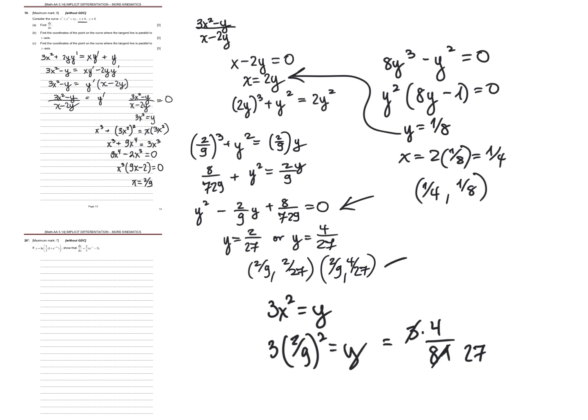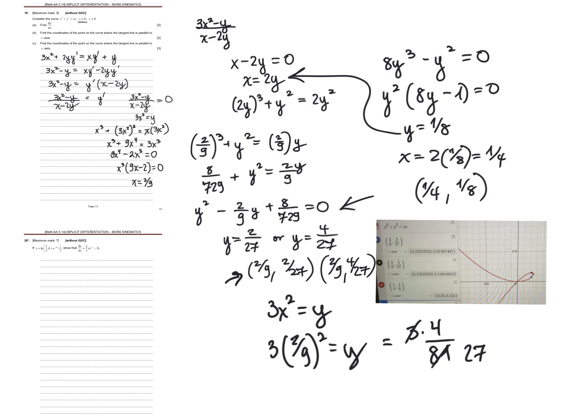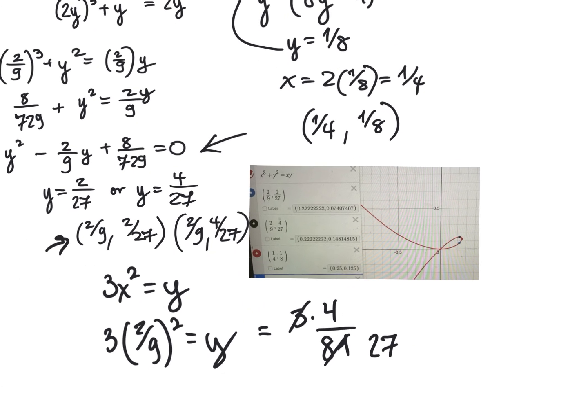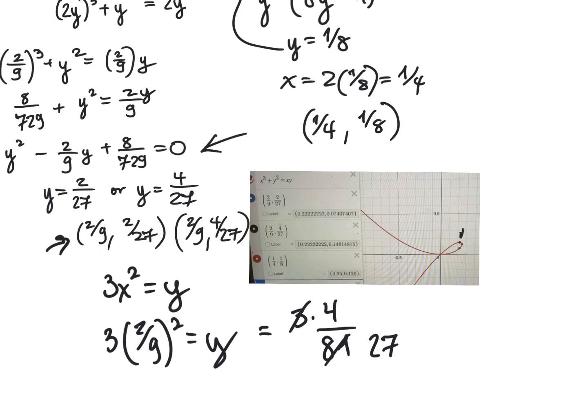So I'm going to check the graph for this point rather. So you can see that this black point here is the one where the tangent is parallel to the x-axis. The red point is parallel to the y-axis, its tangent.